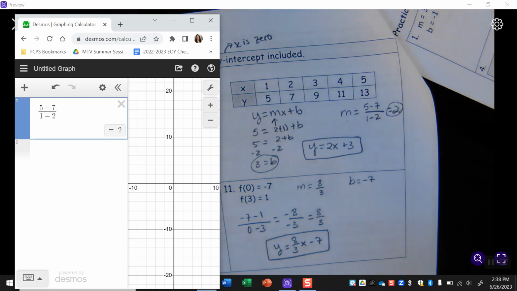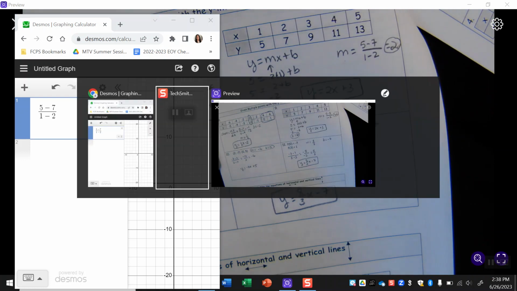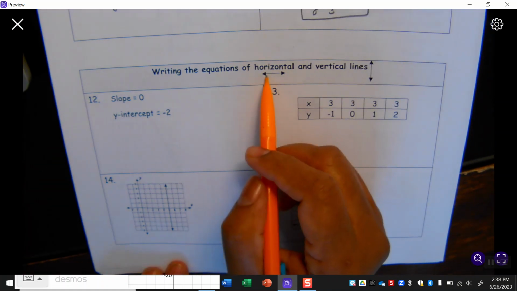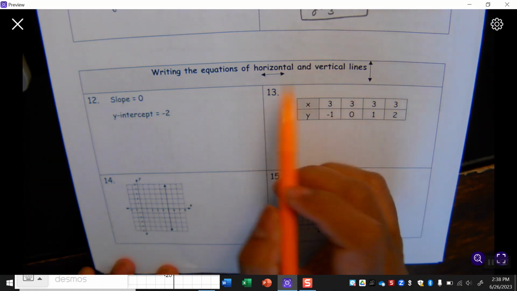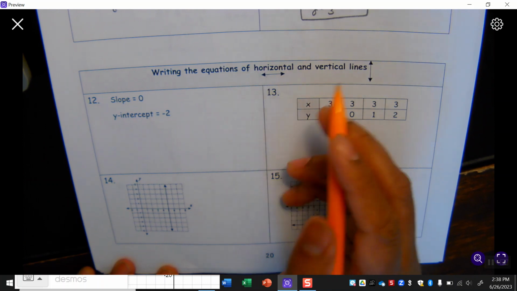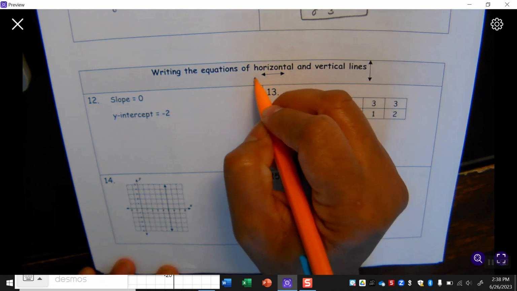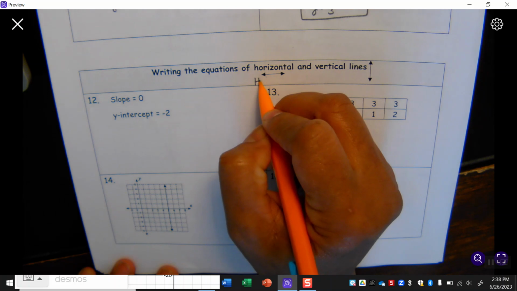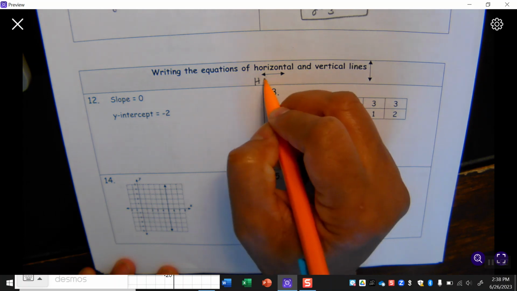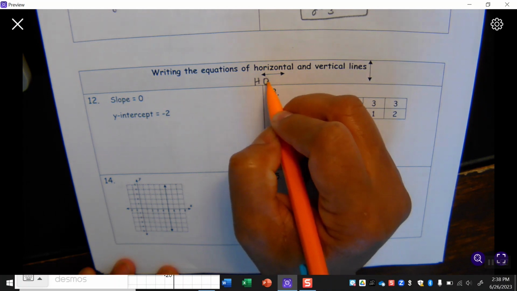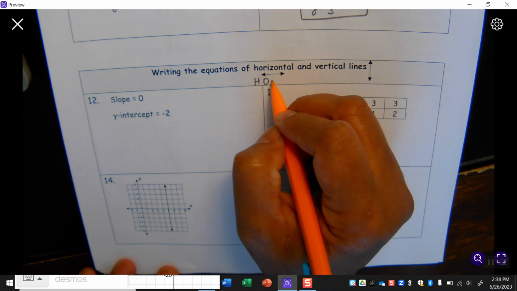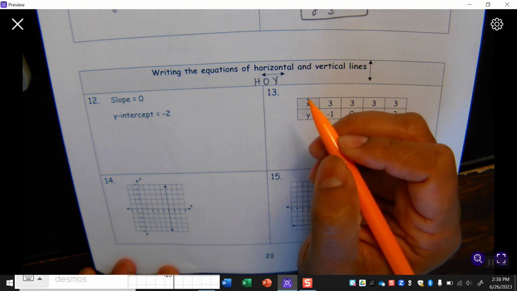Okay. All right, and then the last part here is writing equations of horizontal lines and vertical lines. Horizontal lines are lines that go sideways. So something you need to know about horizontal lines is they have a 0 slope, so m equals 0, and they cross the y-axis.